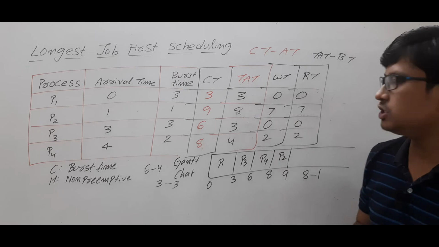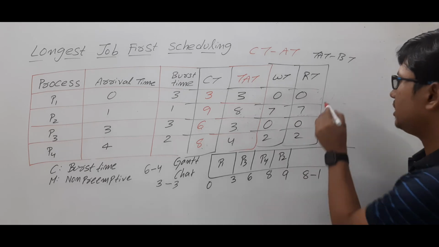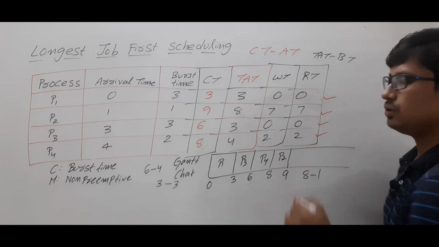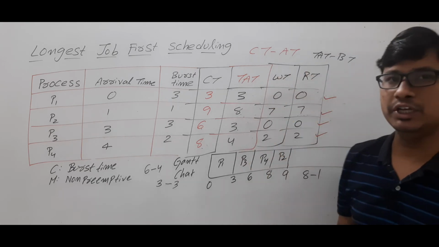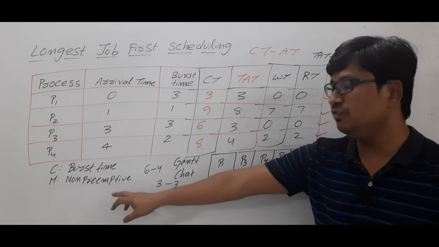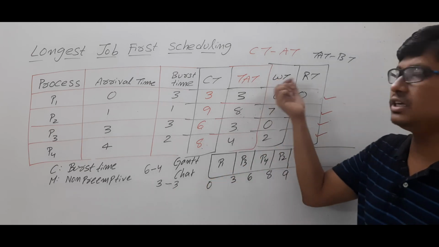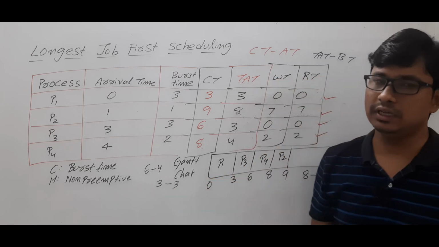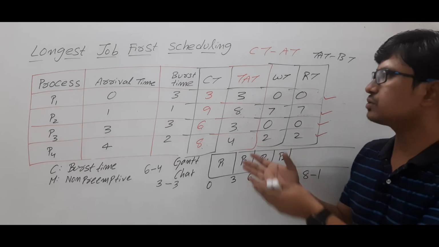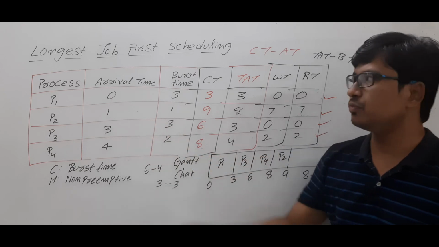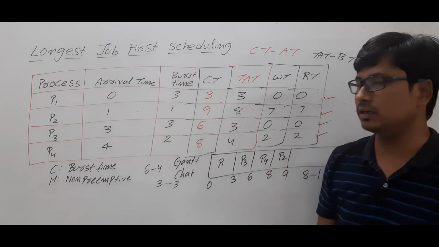So if you look at each process's waiting time and response time, they are equal. So if it is a non-preemptive scheduling algorithm, the waiting time will be equal to the response time. If it is a preemptive scheduling algorithm, the waiting time may not be equal to the response time. So I hope you have understood how to solve the given example for the longest job first scheduling algorithm.